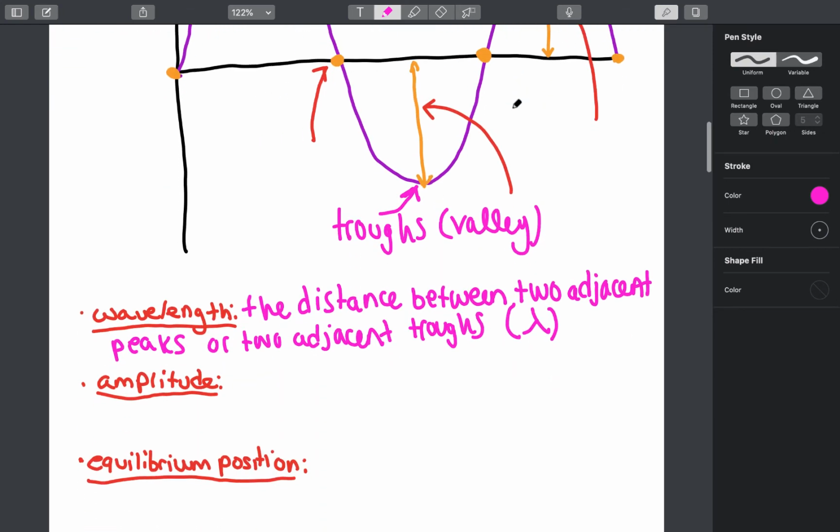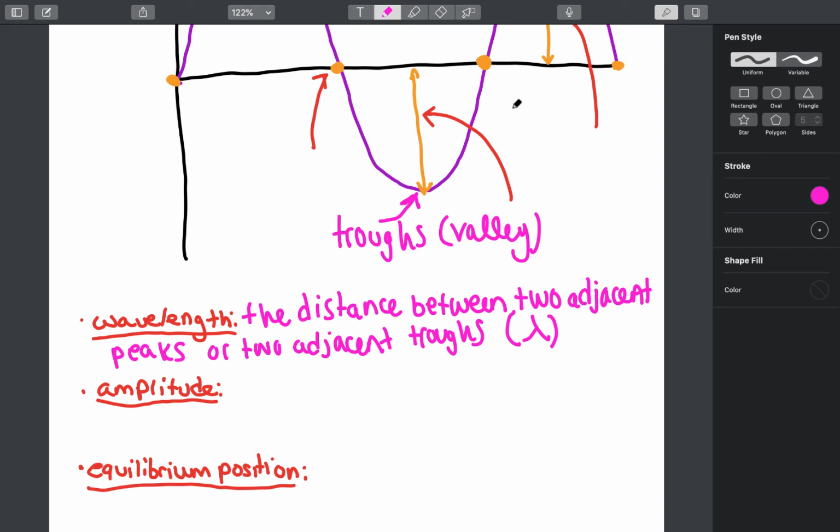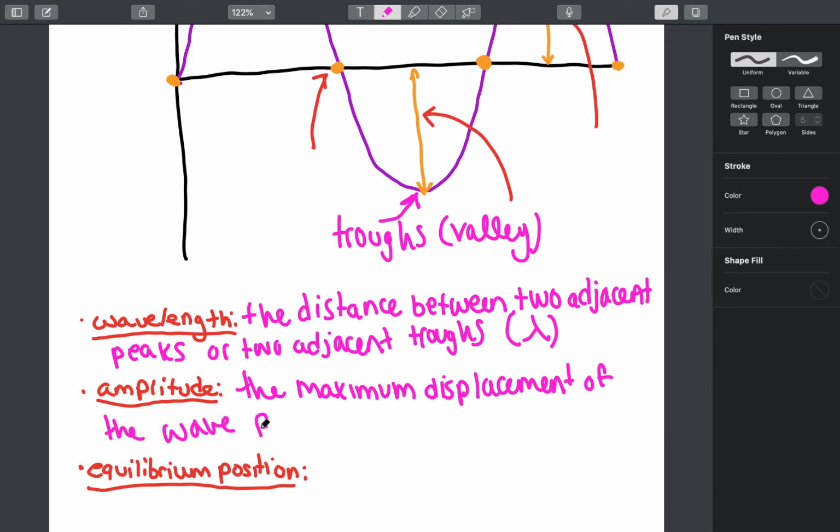So the next important thing to note is amplitude. Amplitude is the maximum displacement of the wave from the equilibrium, so this means equilibrium position.